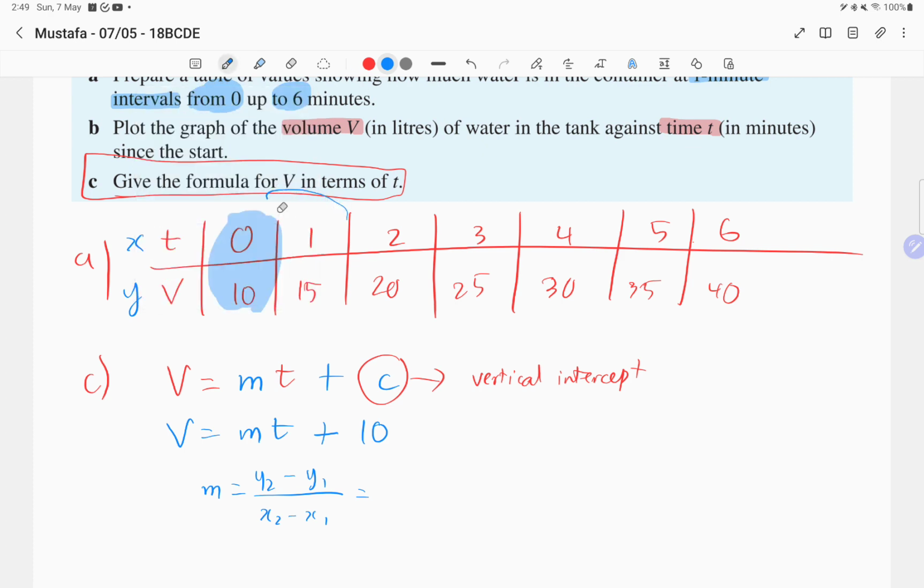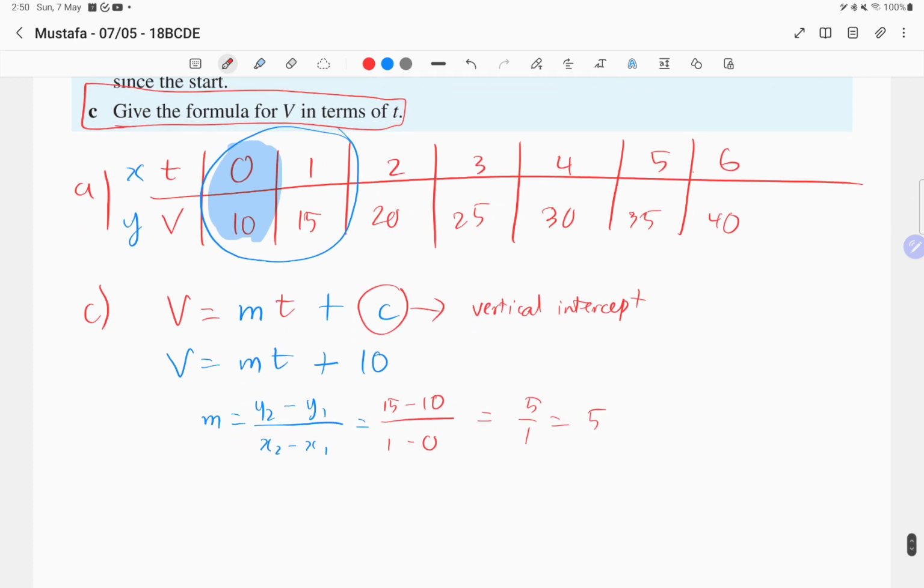You can use the first 2 points. So what's y2 and y1? 15 and 10. And x2 and x1? 1 and 0. So 5 over 1, which is 5. So m is 5. So the formula is V equals 5t plus 10.